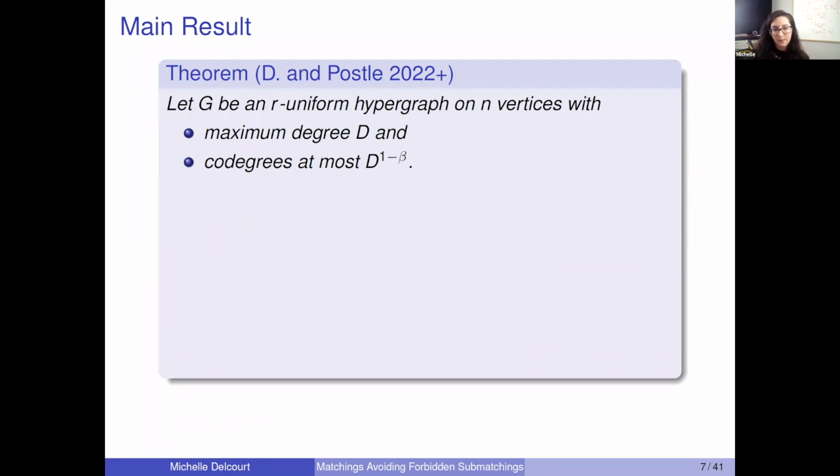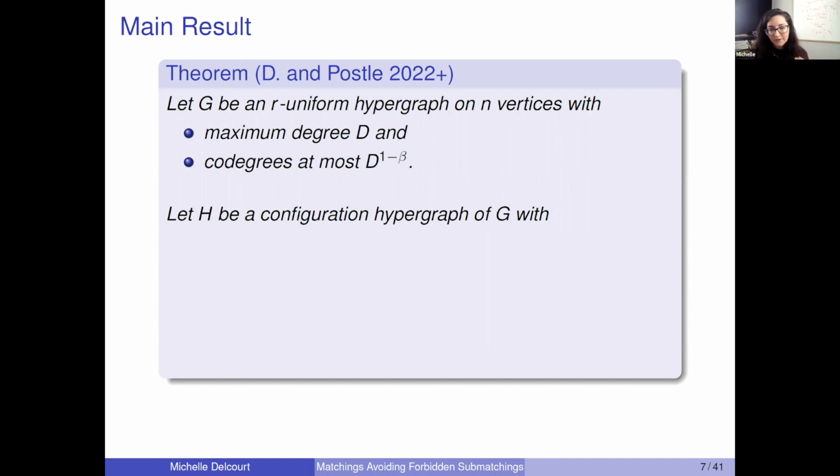In this context, we want to find a large matching in G. In practice, we can encode a lot of interesting problems as matchings in certain auxiliary hypergraphs. And in this setting, we're thinking about the forbidden submatchings as encoded in this configuration hypergraph.